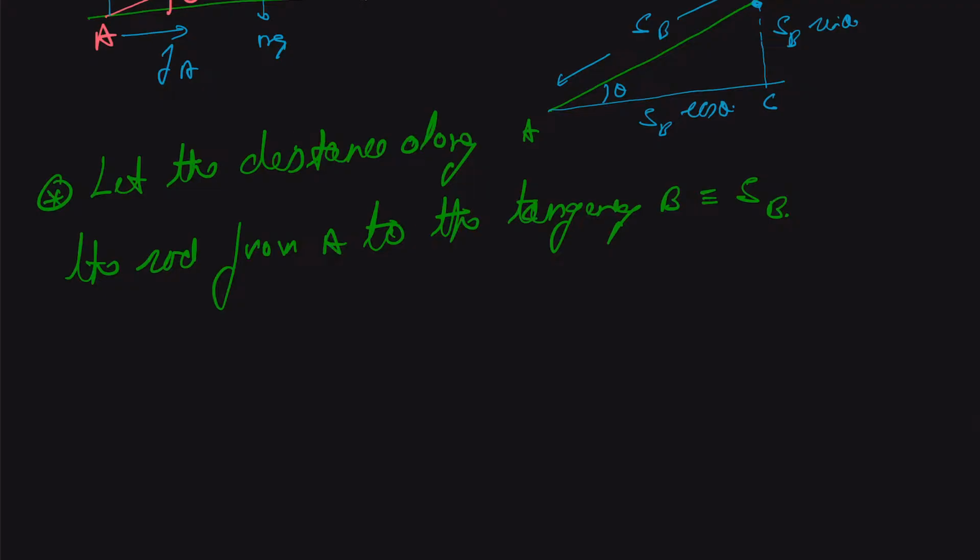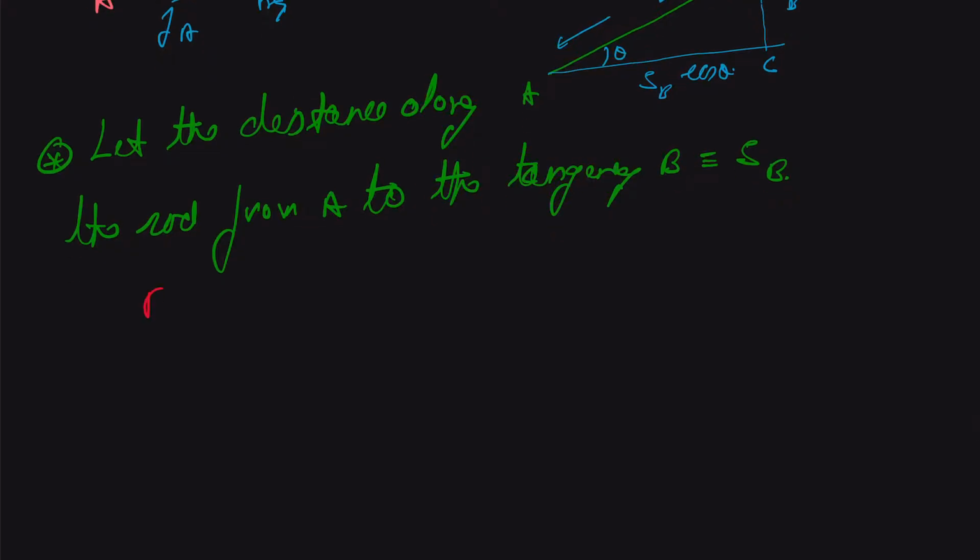Therefore, we can write the coordinate of our B will be our SB cos of theta and our SB sine of theta.